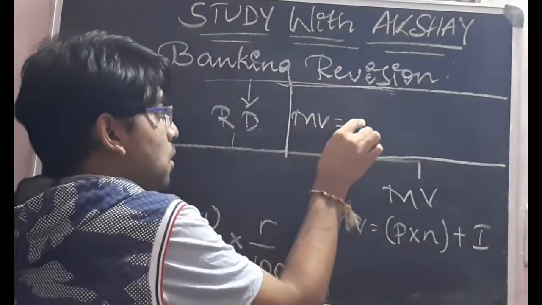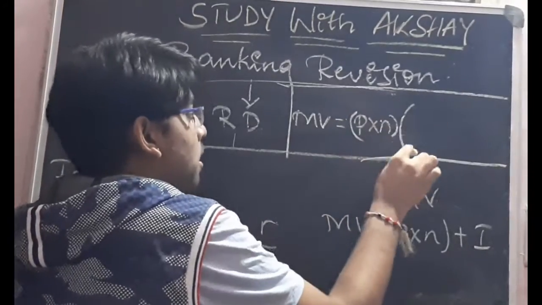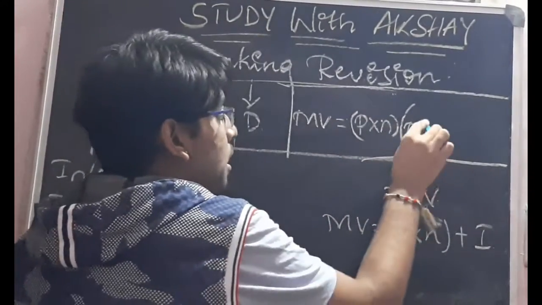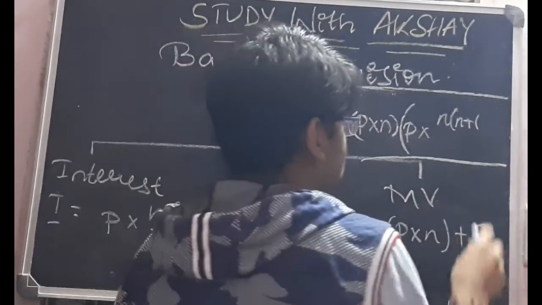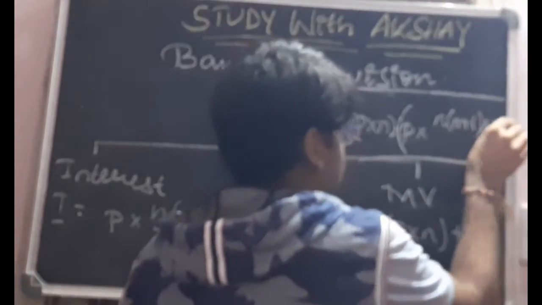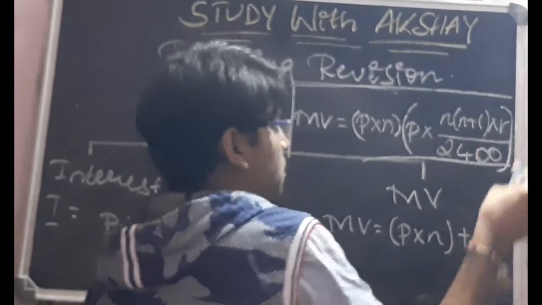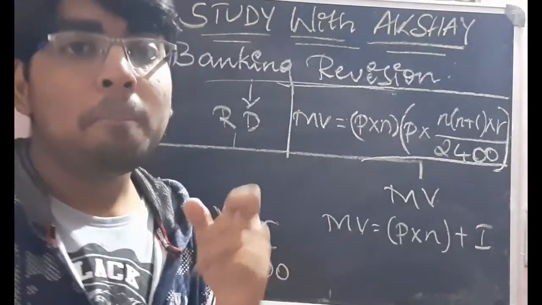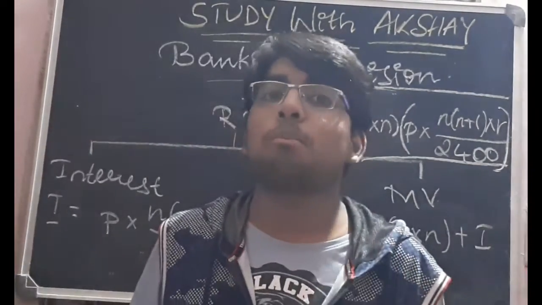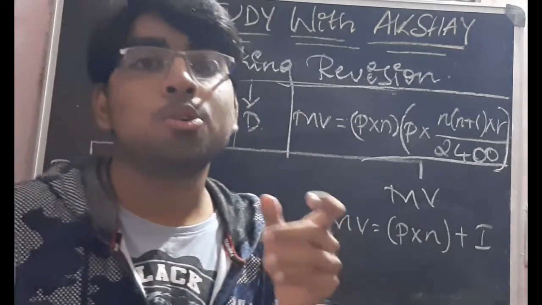Maturity value is equal to P into N into P into N of N plus 1 into R 2400.